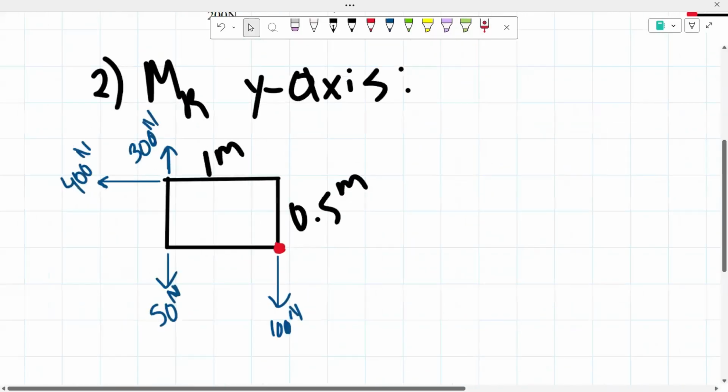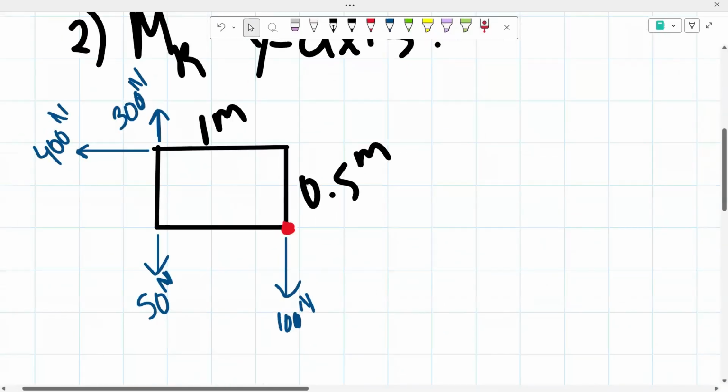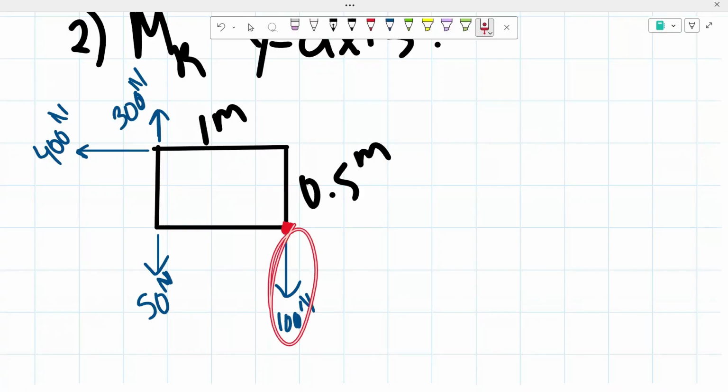So now that we drew out our sketch for our y-axis, from there, we know that this 100 newtons is not going to be creating a moment since the distance is equal to 0. So there's no moment with that force. But all these other three forces are going to be creating a moment.